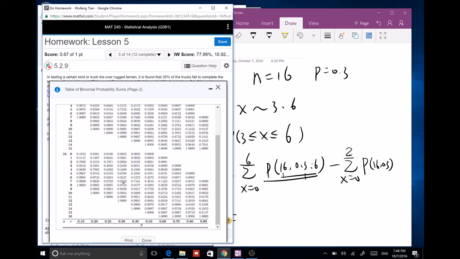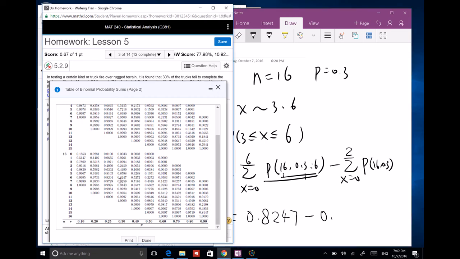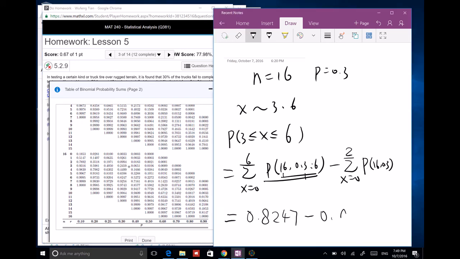16 to 6 is 0.8247. So it's 0.8247 minus the probability from 0 to 2. Going to 2 is 0.0994.